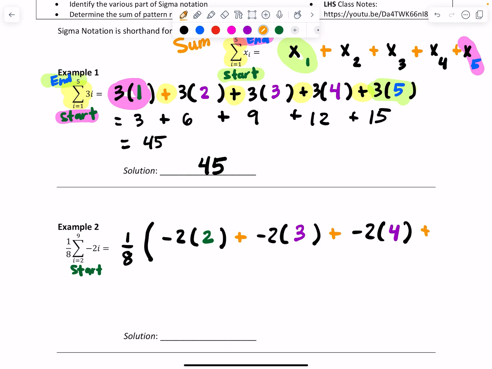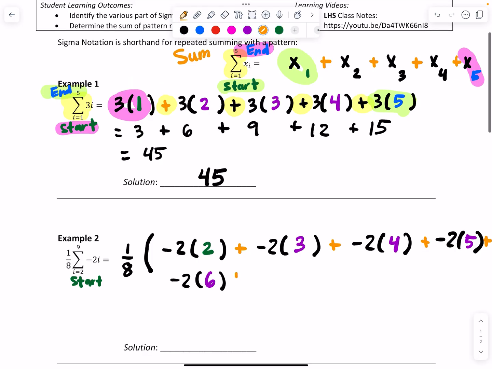And we add -2 times 5. And we add, I'm just going to go down to the next line, kind of running out of space, -2 times 6. And we add negative 2 times 7. And we add negative 2 times 8.